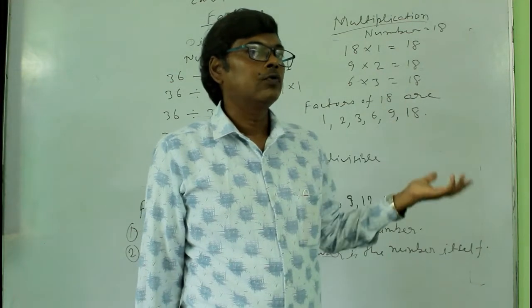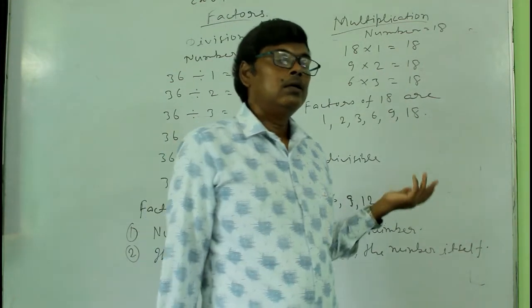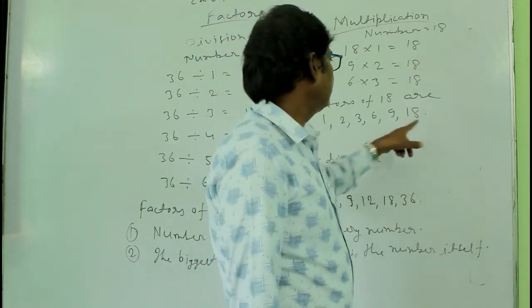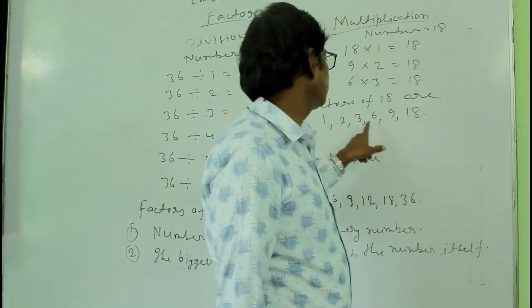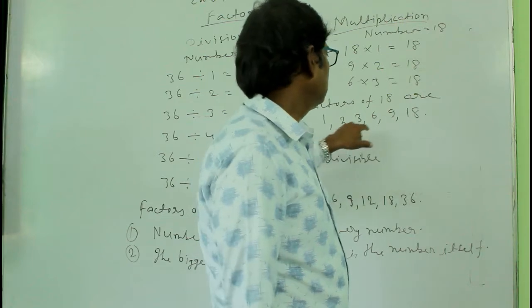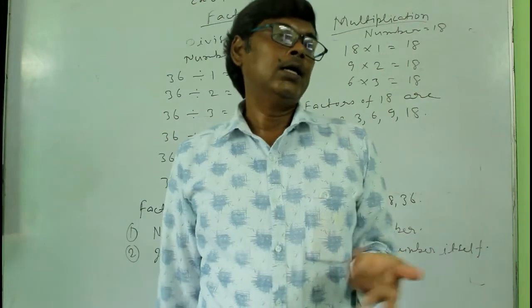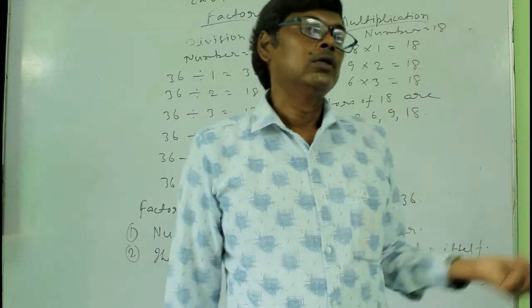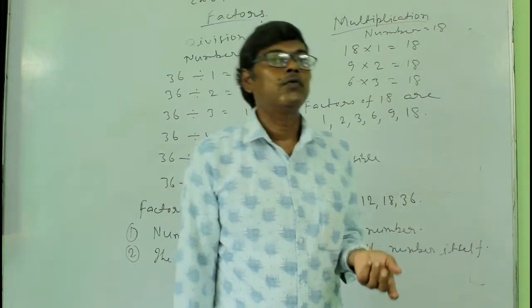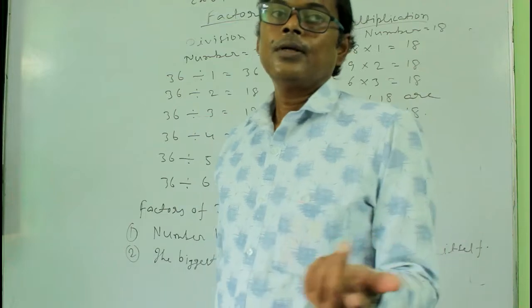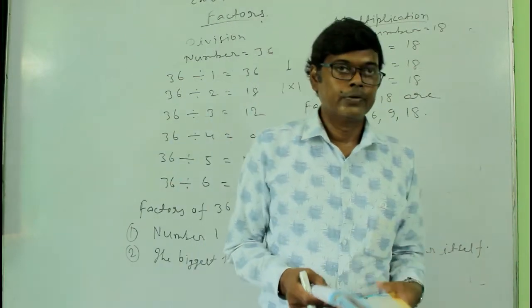So the factors of a number may be less than, like 9, 6, 3, 2, 1, etc. These are the factors which are less than 18, but 18 is equal to 18. So the factors of a number may be less than the given number or may be equal to the given number.